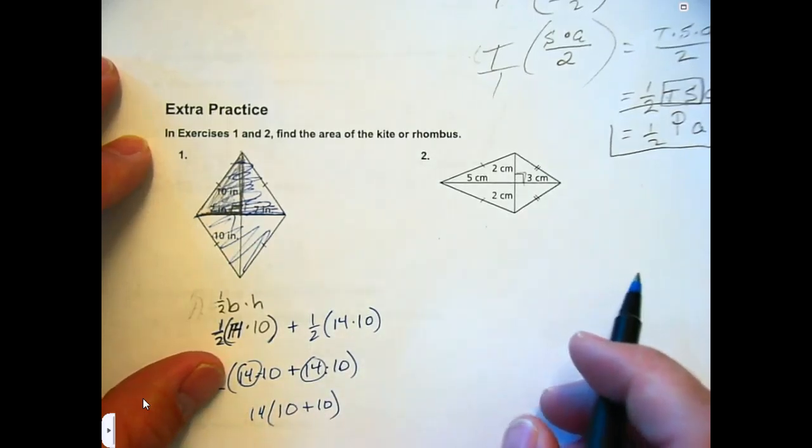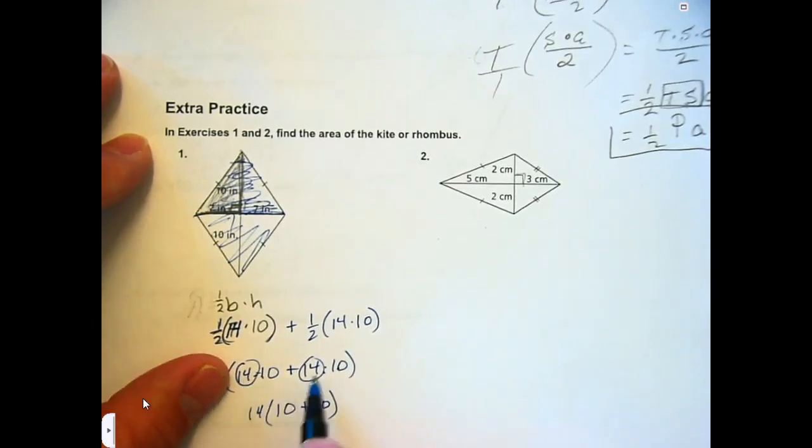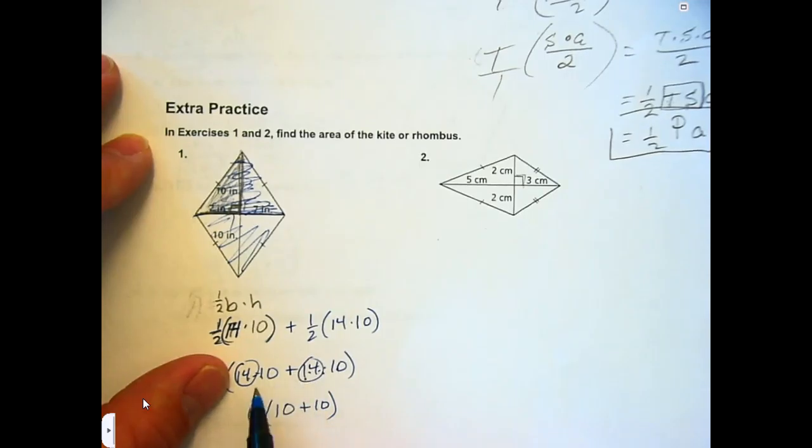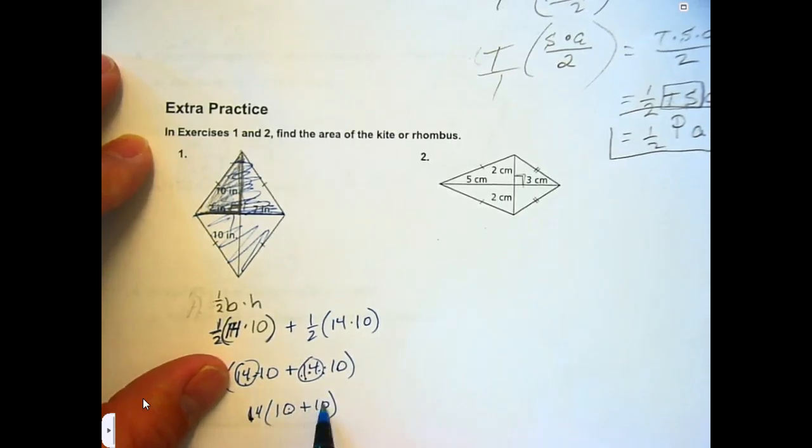That's called factoring, right? So ignore the 1/2 for a minute. The greatest common factor here is 14, correct? Okay, so if I pull that out, I bring it out here, I'm left with 10 plus 10. Because if I put it back in, it's 14 times 10 and 14 times 10, correct?